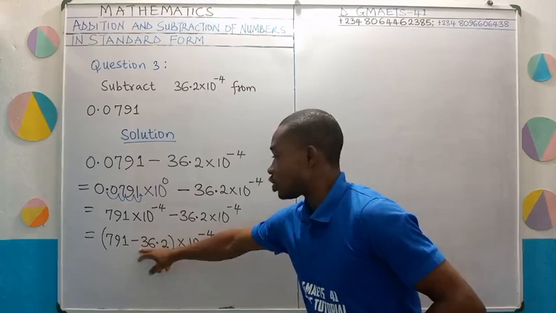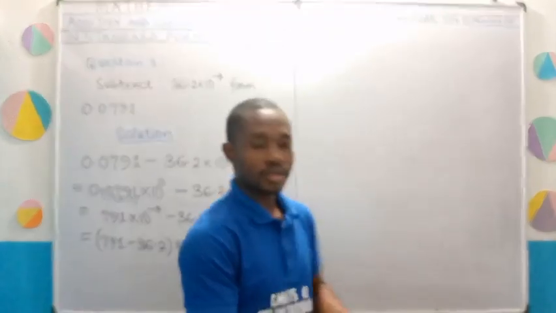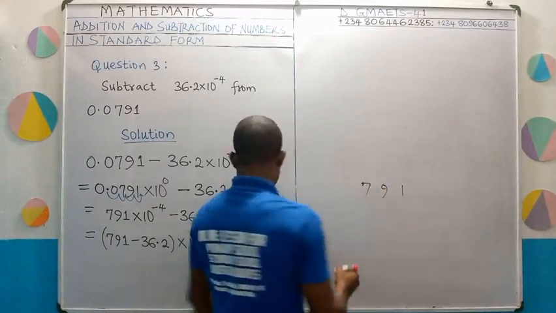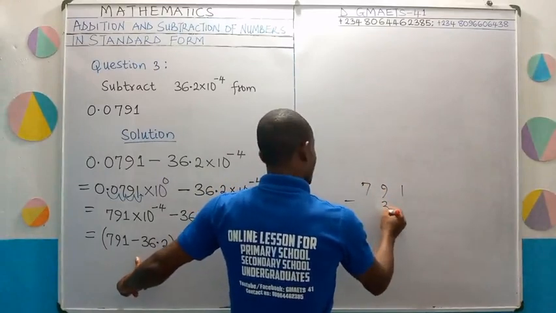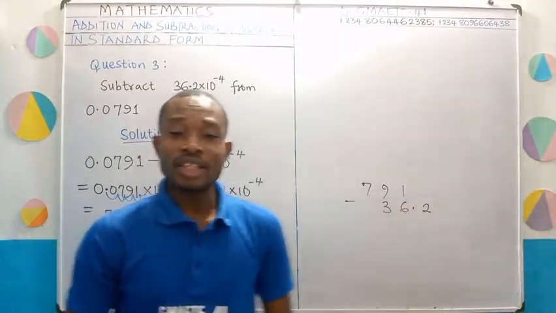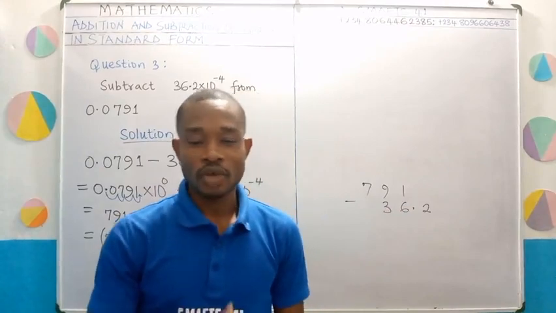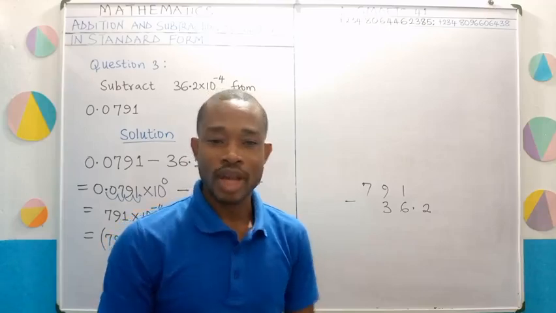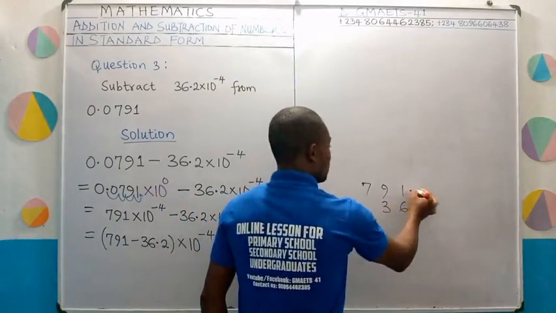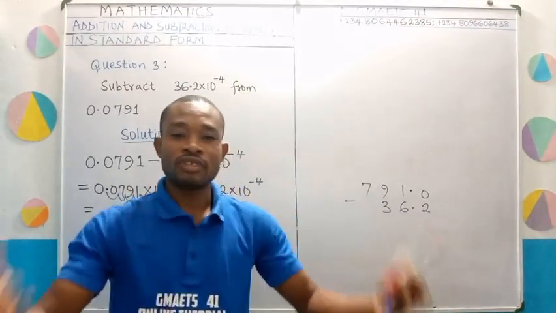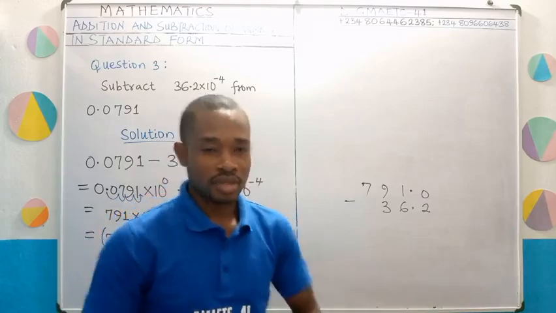At this point, we'll do this subtraction quickly and see what we're going to get. You can decide to work it out here. 791, then subtract 36.2 from it. From our knowledge of subtraction involving decimal numbers, you are expected to complete all empty place value. So this is 0.0. I'm just doing this to remind you of things you've learned under basic arithmetic.